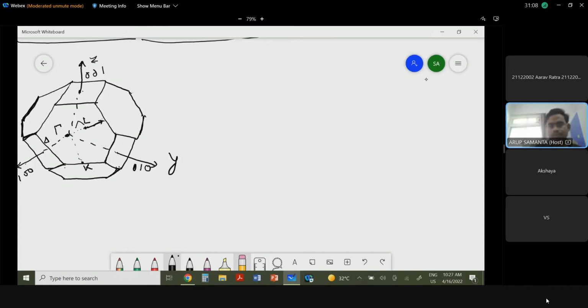So from the center, this is the gamma point. We consider this center as the gamma point. The gamma point is the origin, so the momentum value we consider is 0. Now the edge, this one at 2 pi by a, is the first Brillouin zone.